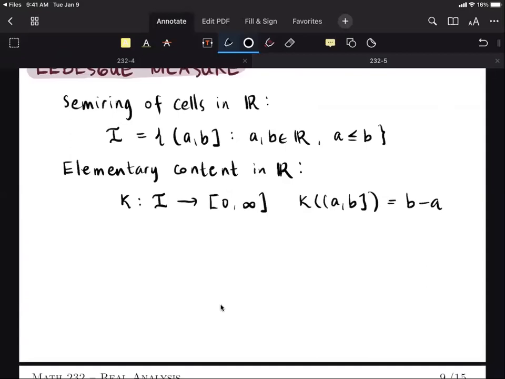So it is clear that this is non-negative because A is less than or equal to B. And therefore, the triple, so you have your set R, the semiring of cells, and the elementary content, we shall call this the elementary content space on R.